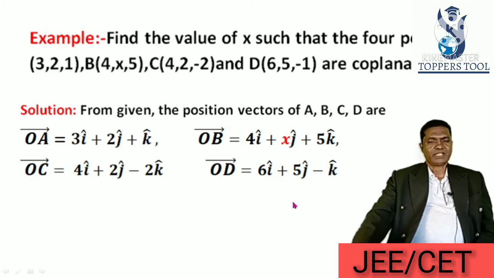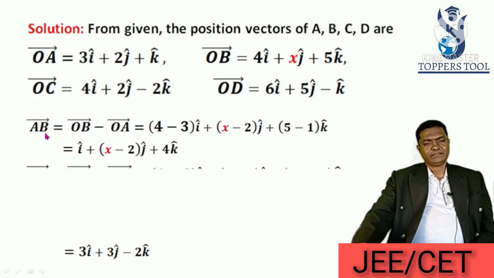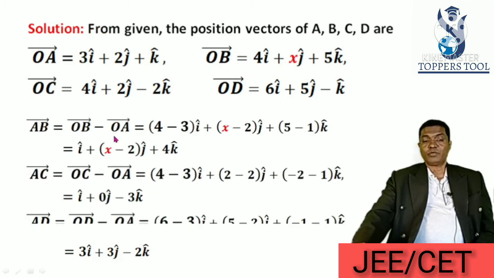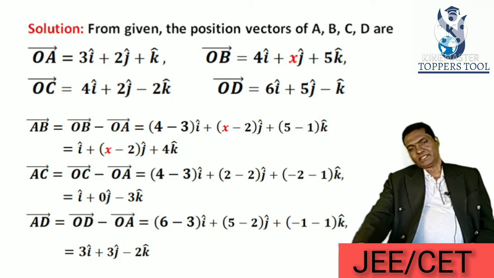Next you have to find vector AB, that is, as I said earlier, OB minus OA. Just subtract the corresponding coordinates: 4 minus 3, x minus 2 and 5 minus 1. In this way you can find AB, AC, AD.